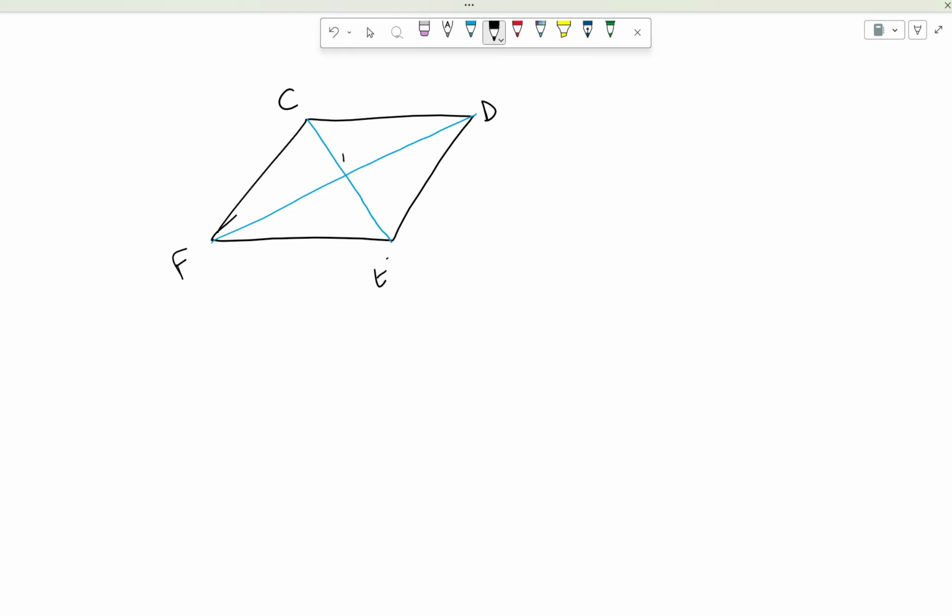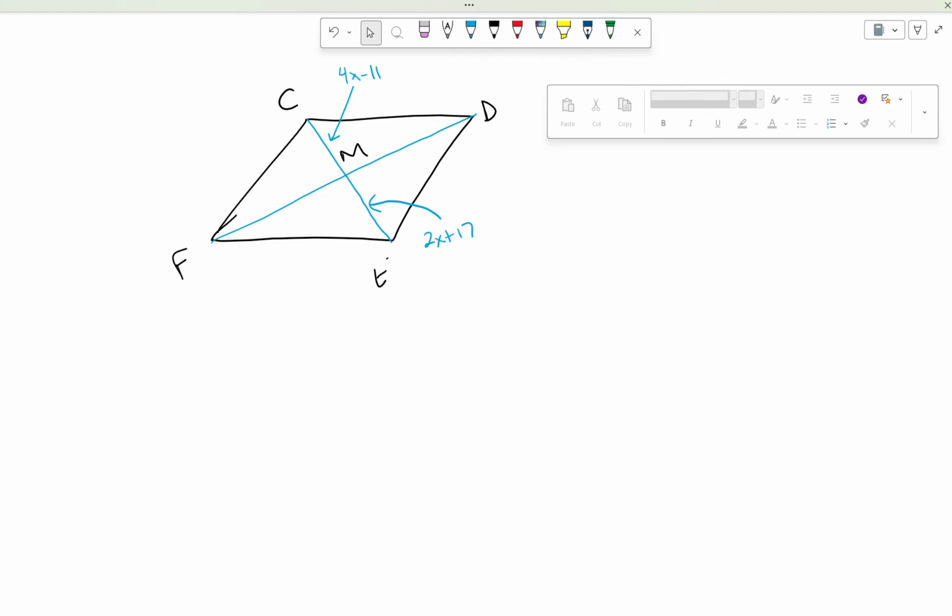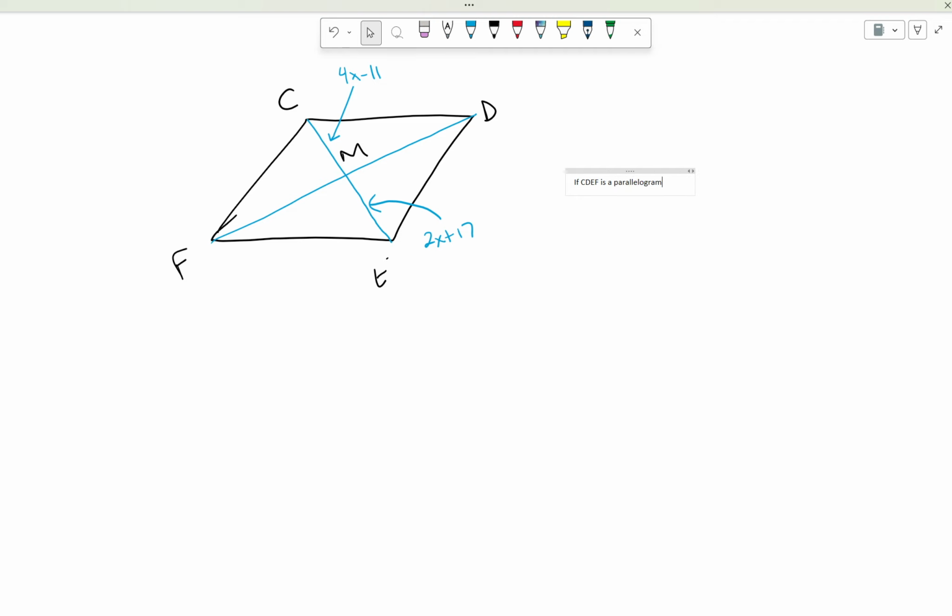They intersect at M. And this line right here, CM, is equal to 4x minus 11. And this here, ME, is equal to 2x plus 17. So the question is, CDEF is a parallelogram, and what is the value of x?